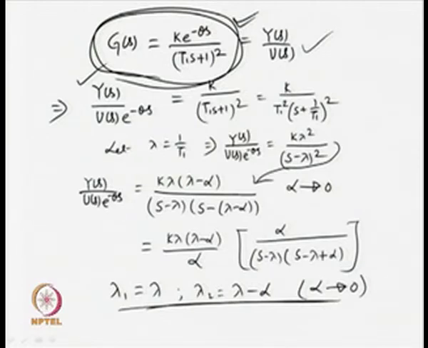So, how to find explicit expressions for this case to identify this sort of transfer function model using the same general analytical expressions, that we shall see subsequently.